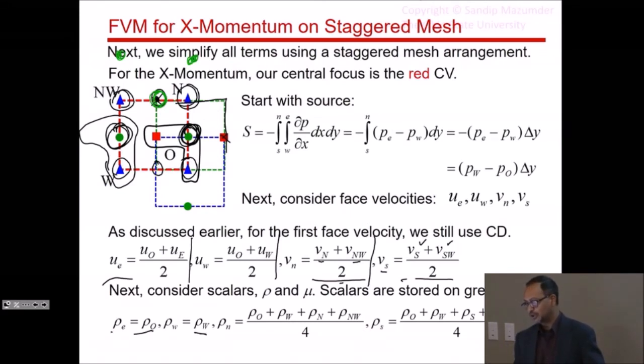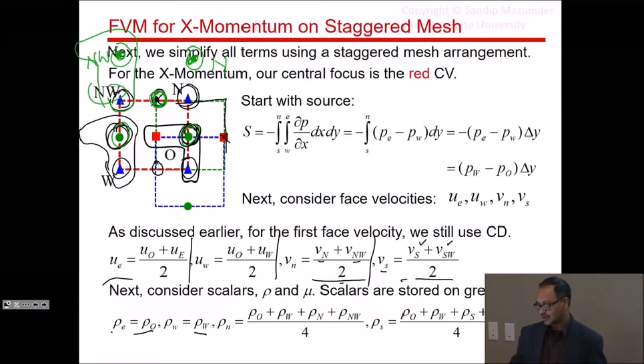So it's a 4-point average of rho naught, rho west, rho north, this is my northern node, and this is northwest. Of course, this is all part of one dog's leg, so that's why I labeled this also as northwest. So it's a 4-point average of rho naught, rho west, rho north, and rho northwest.